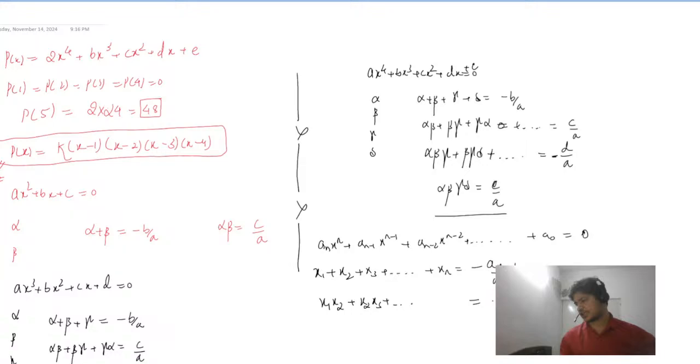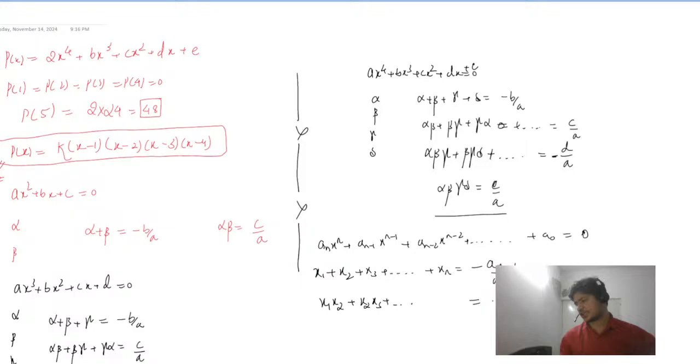Suppose I'm writing (x minus 1)(x minus 2)(x minus 3), which is equal to what? x cube minus the sum of the values, that will become 6x squared, then the sum of products of two values. Yes, I'm writing it like this. Look, write it like this. I have written x cube.